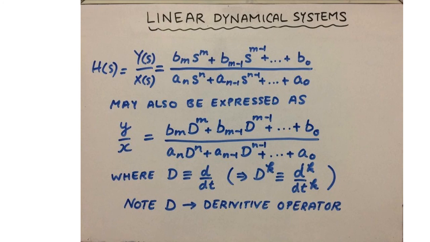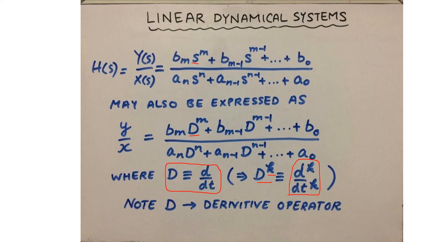A representation similar to the transfer function form can also be used, such that the Laplace variable s is now replaced with the operator capital D, where the D operator is defined as the derivative operator, and D raised to the power k, or D with exponent k, represents the kth order derivative.